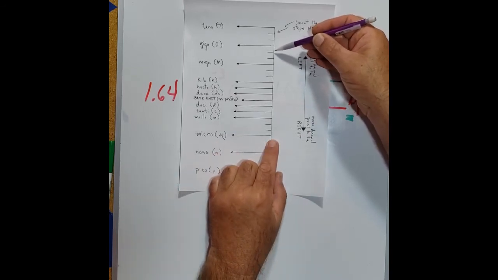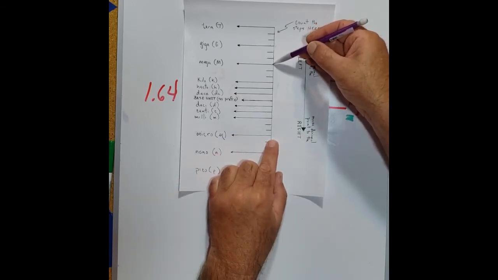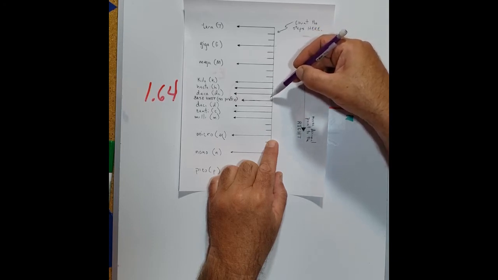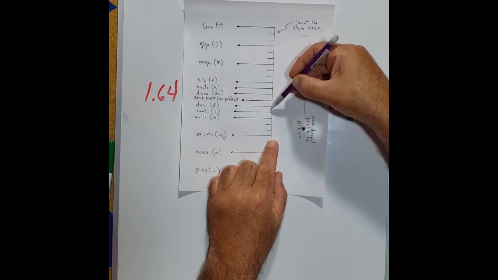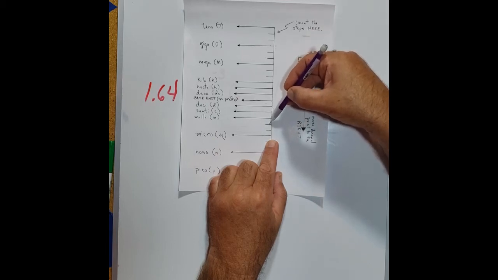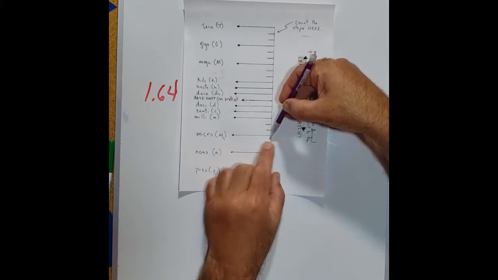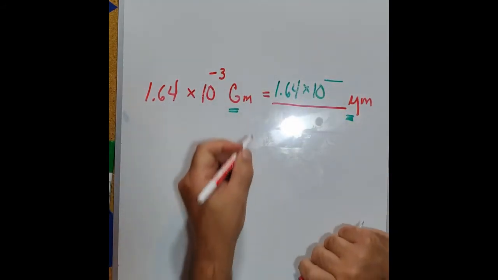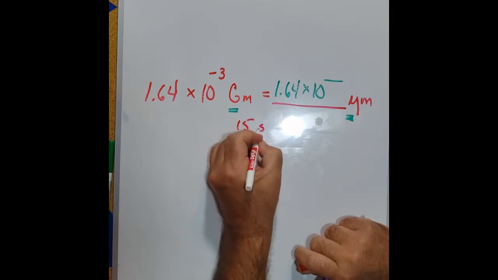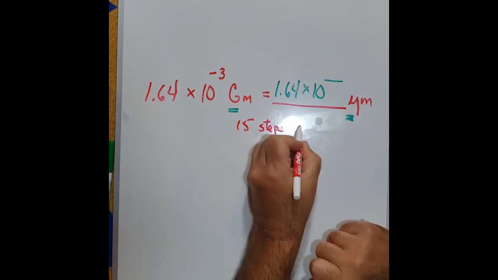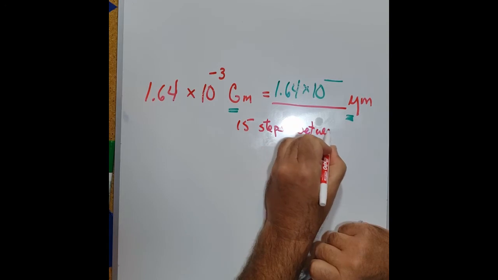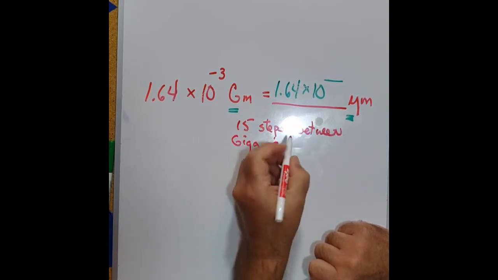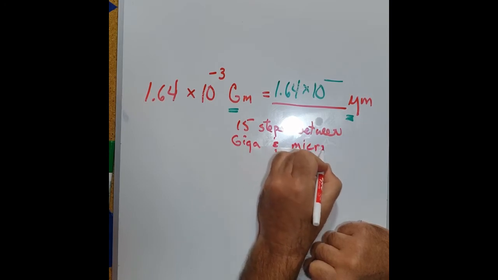Let's try it again. 1, 2, 3, 4, 5, 6, 7, 8, 9, 10, 11, 12, 13, 14, 15. 15 steps between giga and micro.